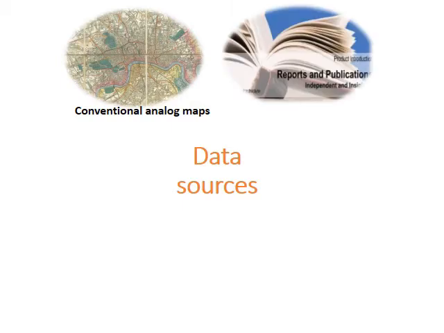Similarly, we can take the reports and publications as secondary information from which we can get the secondary data which can be fed into the GIS as attribute data. So this is one of the sources, or sometimes we go for a survey and create a report of that survey and bring that in the form of spatial information by recording its coordinates.